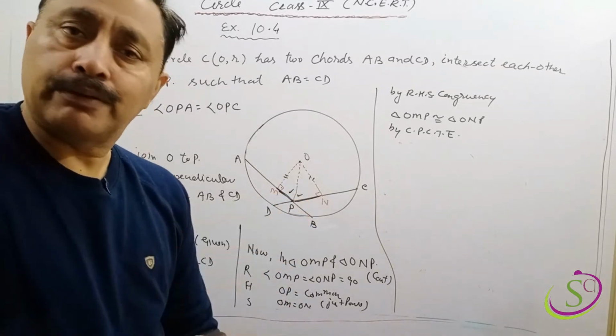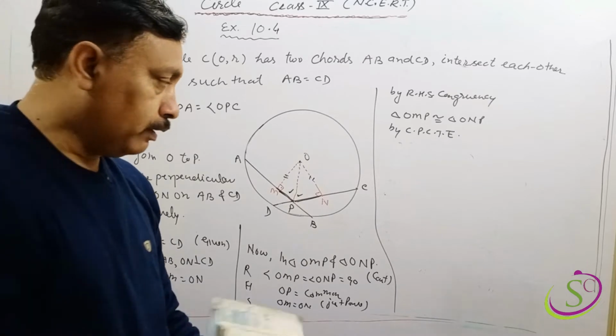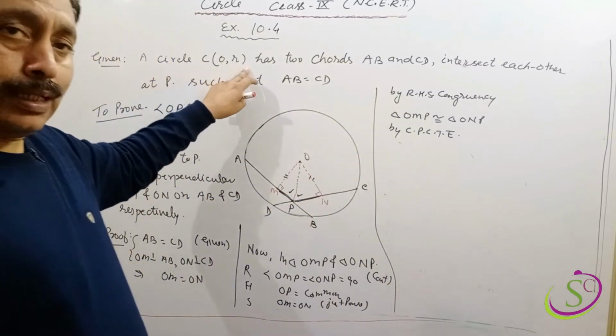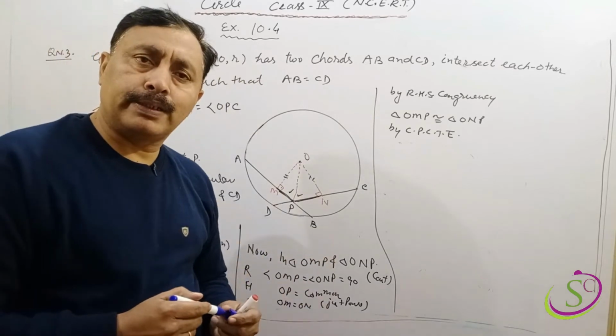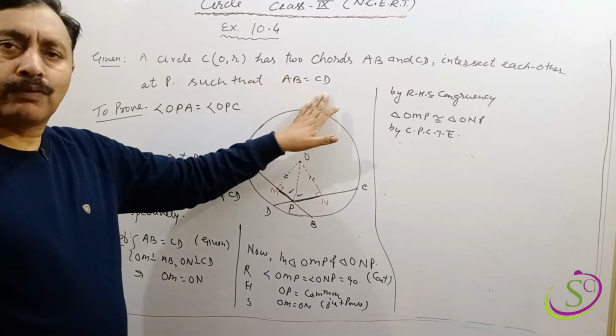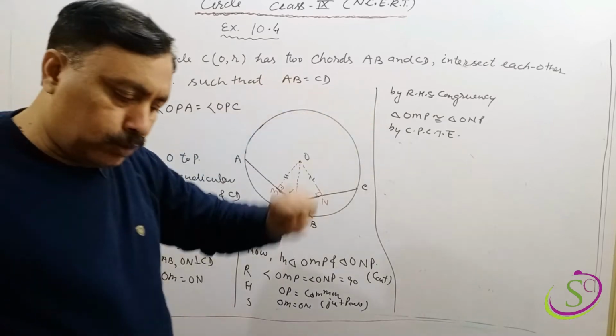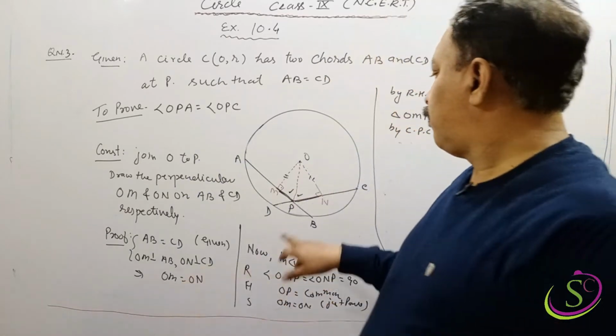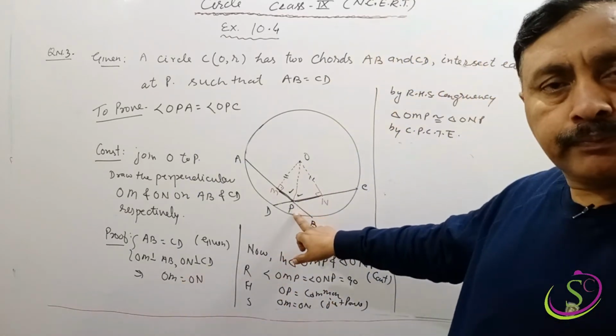This we have to prove. So the given portion in this question is a circle with center O has two chords, one is AB and the other is CD, such that both the chords are equal, AB equal to CD, and both the chords are intersecting each other within the circle at point P. So point P is this.